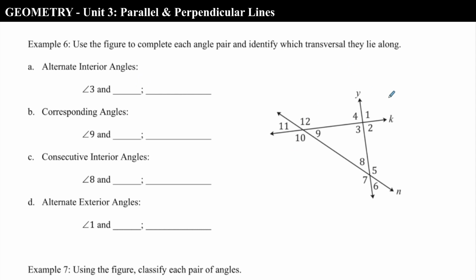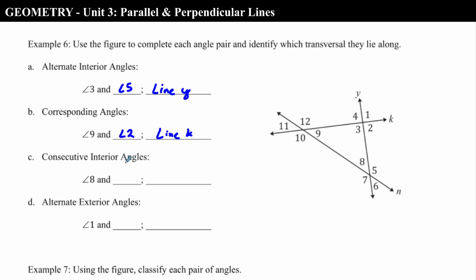If we use line Y as your transversal, we're going to have 3 and 5. For corresponding angles, if we were to use line K for our transversal, we would have 9 and 2.